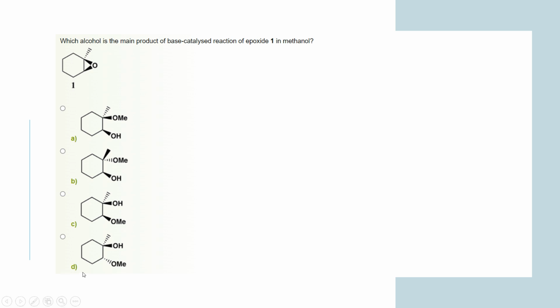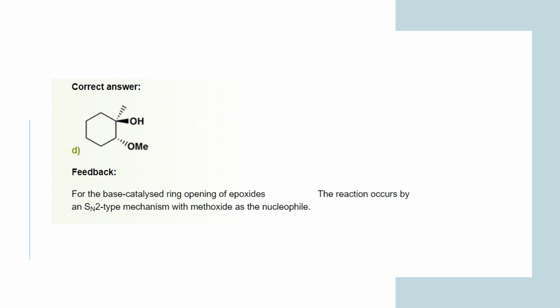Because in option D, like we were talking, methoxide is attacking from below the screen, and after the attack the O minus is getting generated above the screen. Thus, with this SN2 type mechanism, you are getting this particular alcohol as the major product. Definitely this must be very easy for you now.